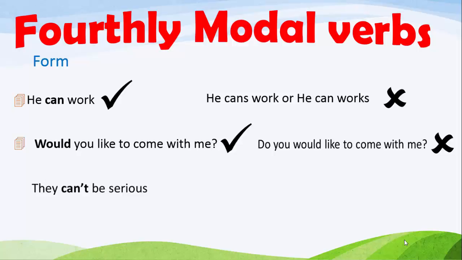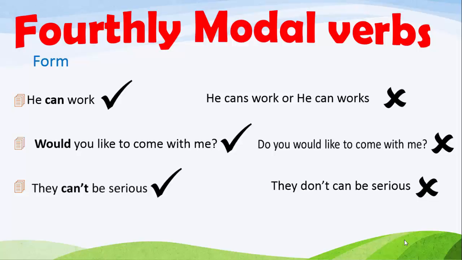I can use the modal verbs in the negative case. I can say, they can't be serious. This is correct. But I cannot say, they can be serious. You can add not after all the modal verbs.